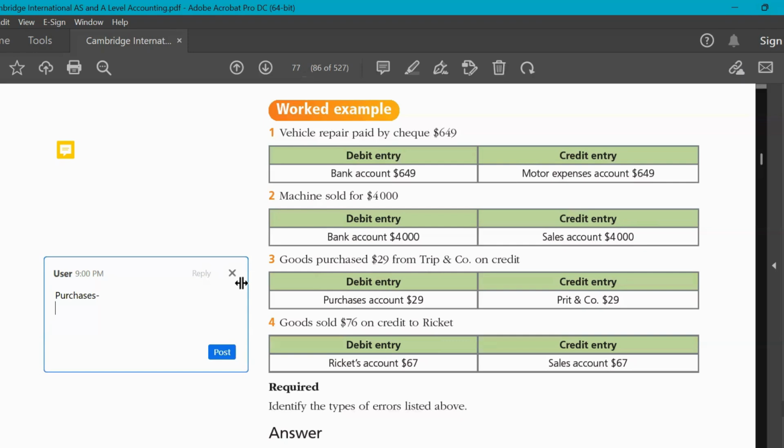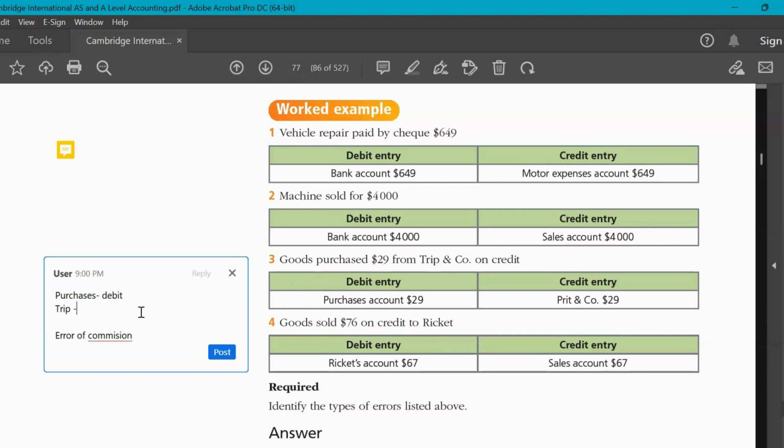And the error here is the error of commission. Why? Again, goods purchased $29. This one is your debit side, and your credit side should be the name Trip and not Prit. Okay?